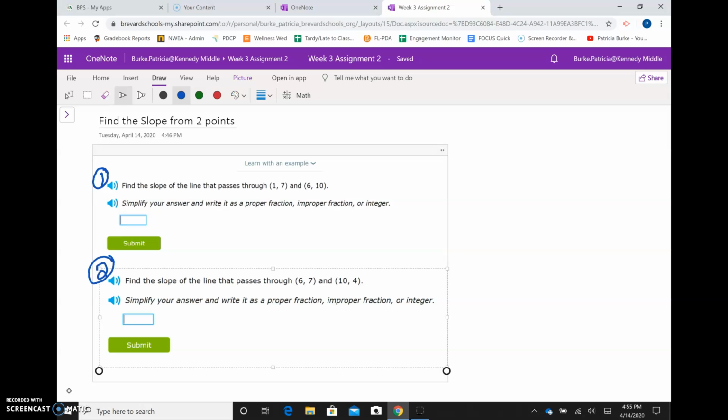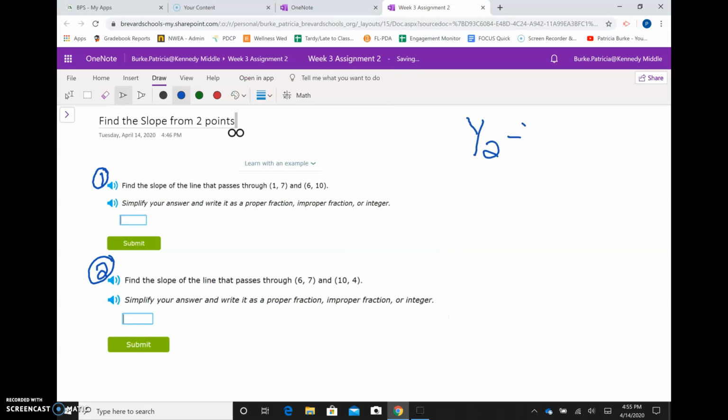So remember, your formula for slope is y2 minus y1, that's your change in y, over x2 minus x1, that is your change in x.